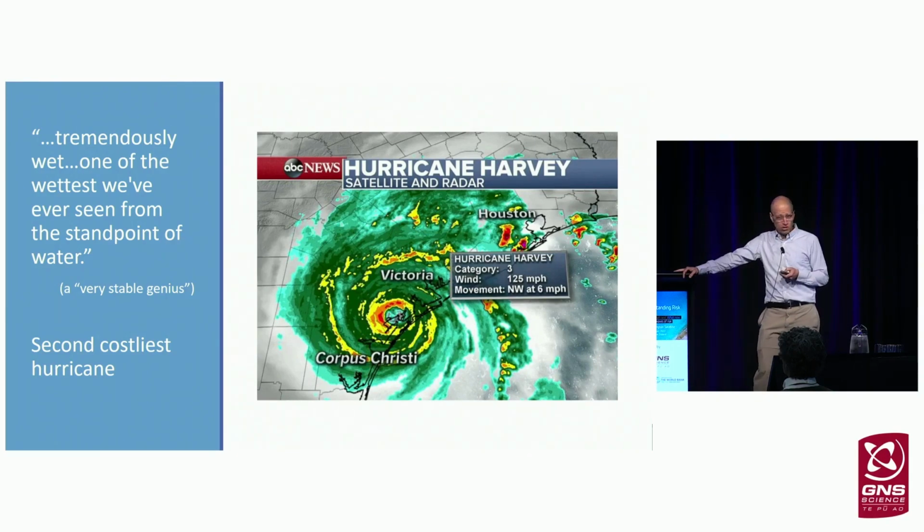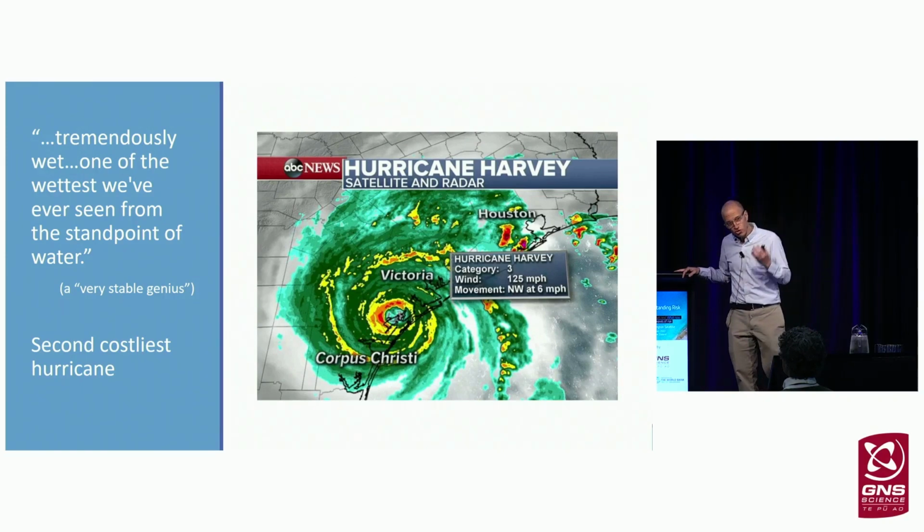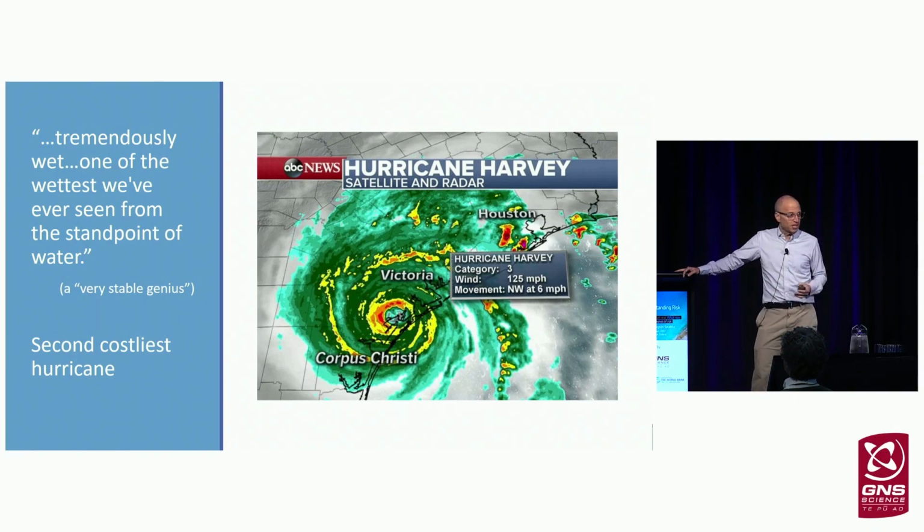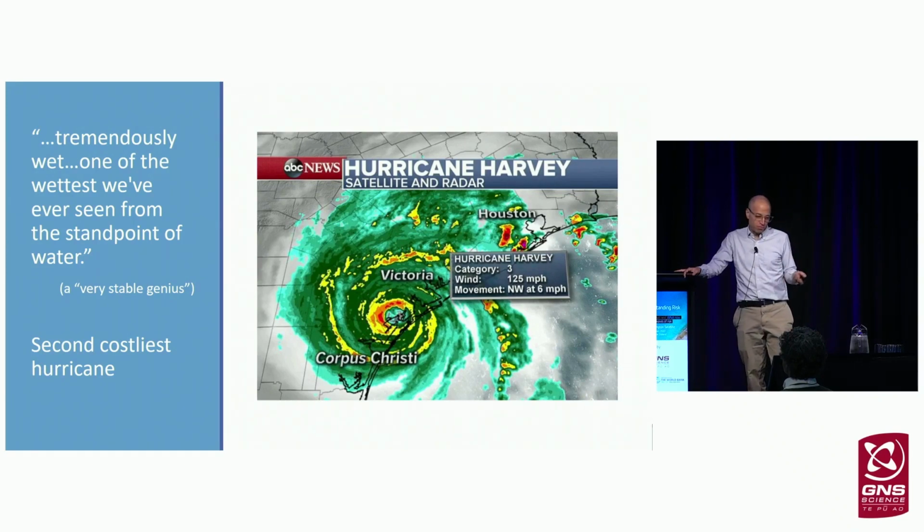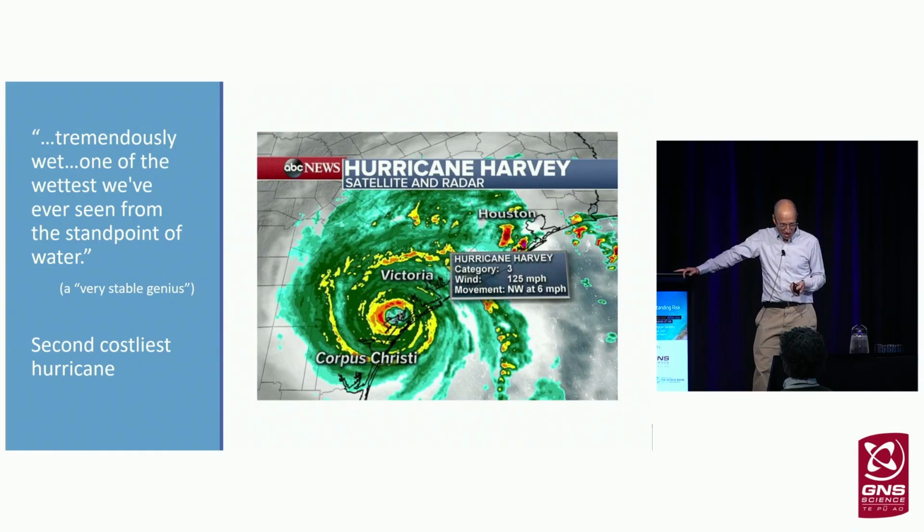That's another example where we're looking for the keys under the streetlight rather than where they are, because we categorize hurricanes using a metric that doesn't matter for their impact. The impact of hurricanes is almost always from the water. It's not from the wind, but we are categorizing them by the wind because scientists have an easier time measuring those. It's a poor choice, but we're doing that anyway.